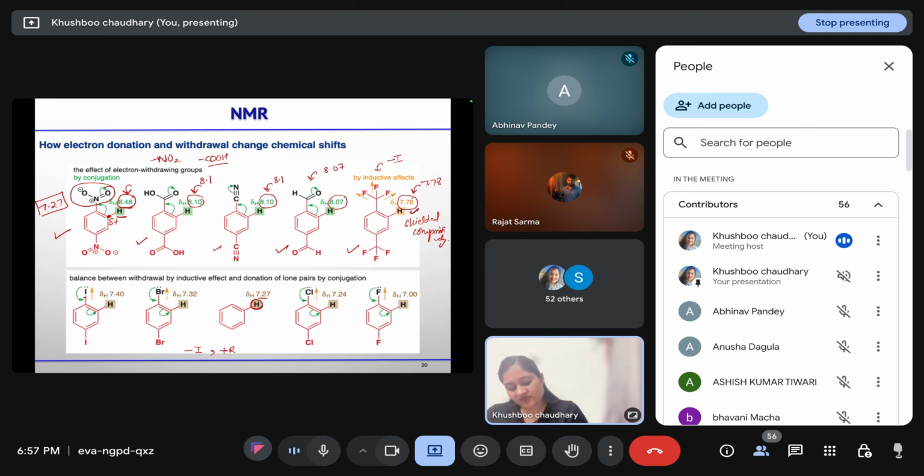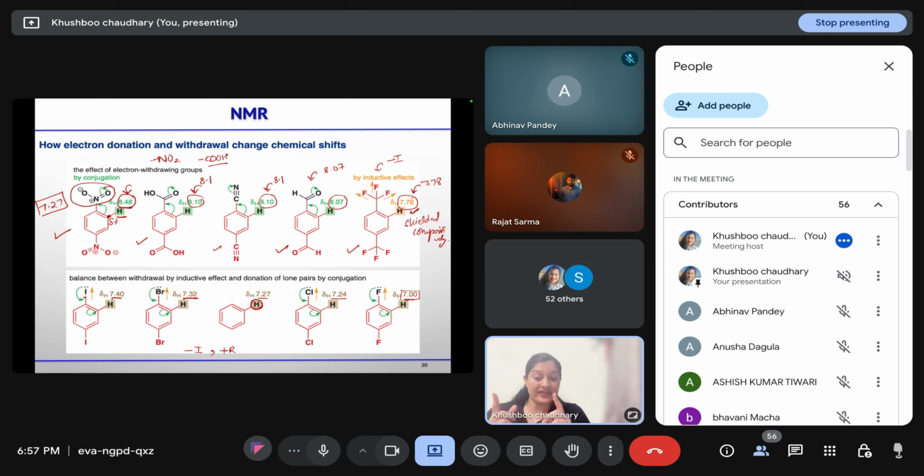For example, in the case of iodine 7.4, bromine 7.32, chlorine 7.24, and in case of fluorine 7. Because in the case of fluorine 2p orbital overlap will be there, so lone pair electron donation is easy, that's why it is shielded as compared to the other halogens.